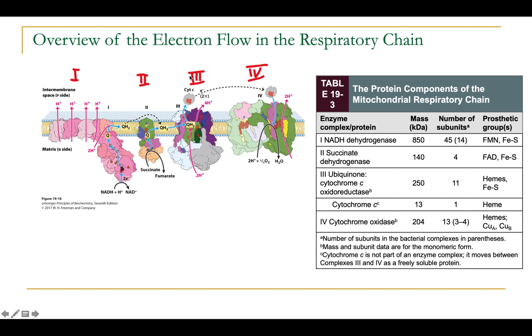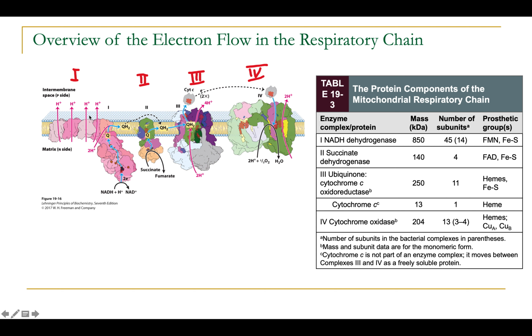The second class is represented by the standalone electron carrier protein cytochrome C, which is, as I mentioned earlier, a soluble protein present in the mitochondrial lumen. And the final class, the small molecule components, is represented by ubiquinone.